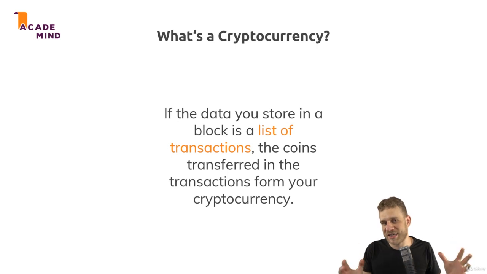If you got a list of such transactions in a given block, you obviously can take advantage of the security mechanism that these transactions can't be edited without the next block recognizing it. And therefore, now you have a cryptocurrency. You have your own cryptocurrency managed in your blockchain, which is distributed across many machines and which is therefore secured. And that is what's used by Bitcoin, Ethereum, Ripple, and all the cryptocurrencies you know.